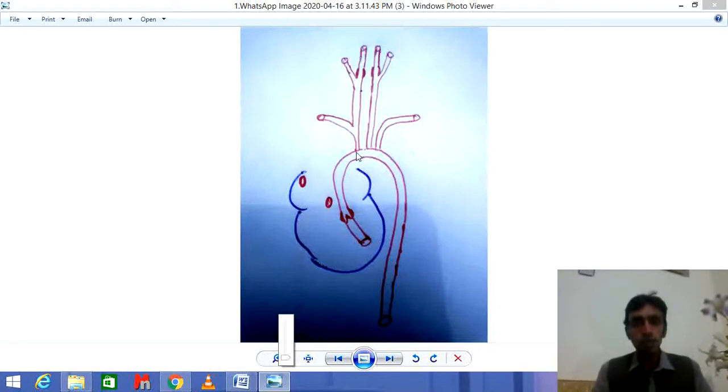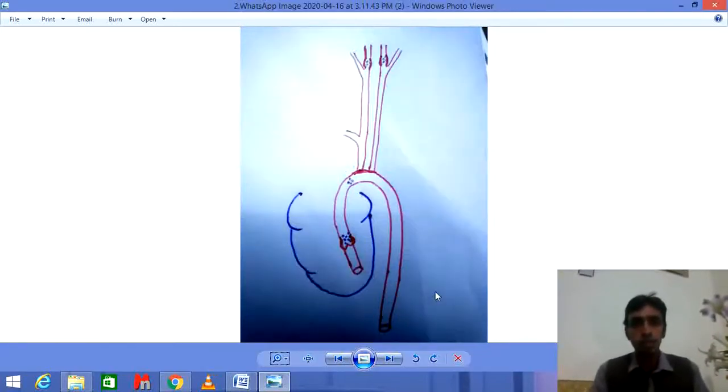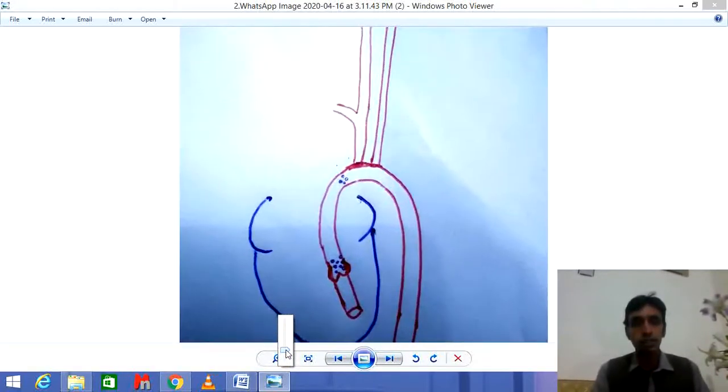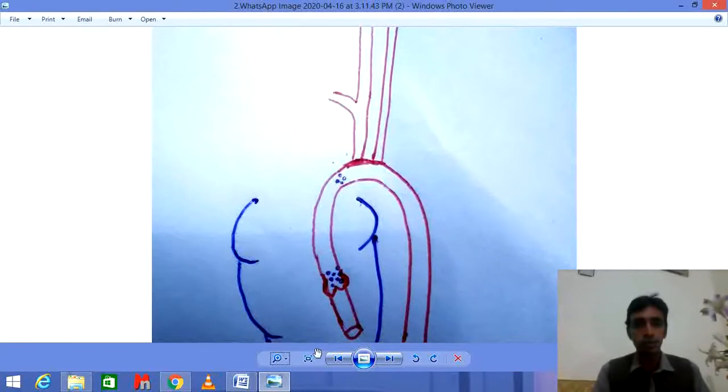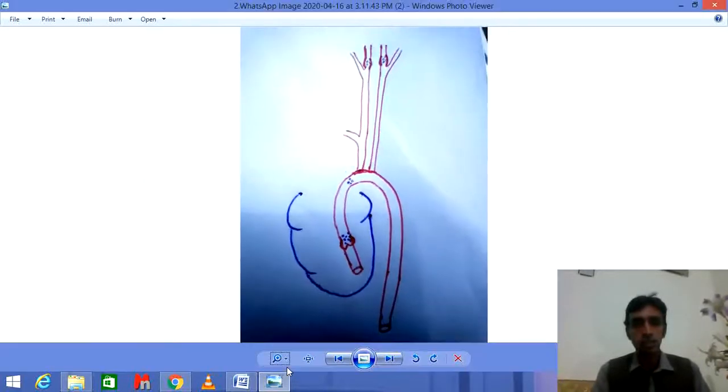Now coming towards the next diagram. In this diagram you can see a heart, represented in blue color. This is the aorta.